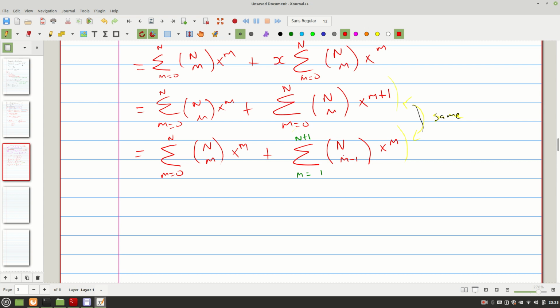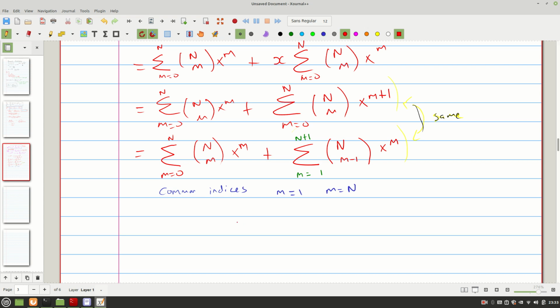The next thing we're going to do is, we have these two terms. Now, when are these two terms equal? What are the common indices between these two summations? It is between m equals 1 and m equals n. So between m equals 1 and m equals n, we can actually combine these two things.